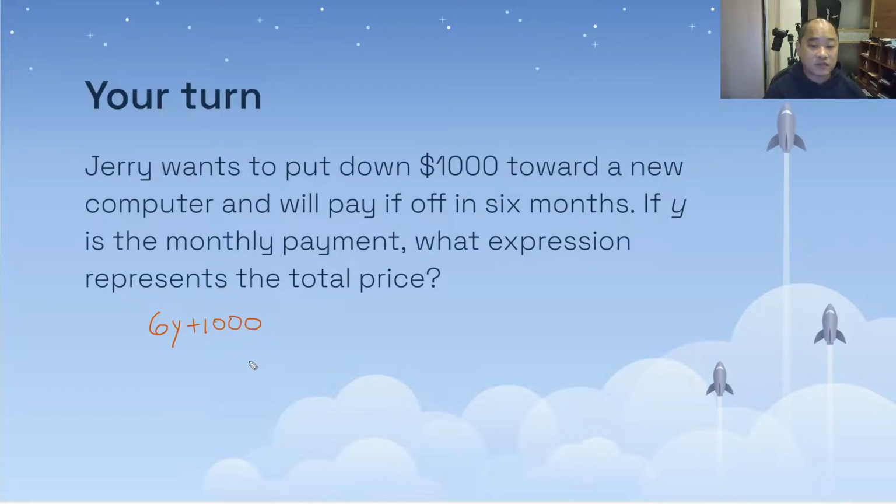So let's factor this just for practice. So the factors of 6 and 1,000, I believe that's going to be 2. So 2 times 3y plus 500. All right.